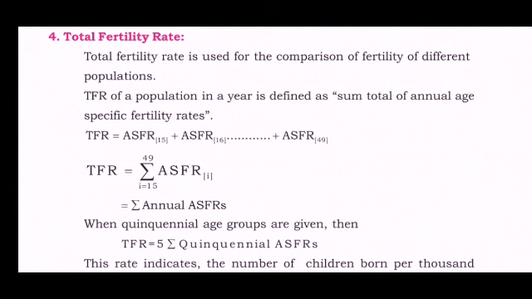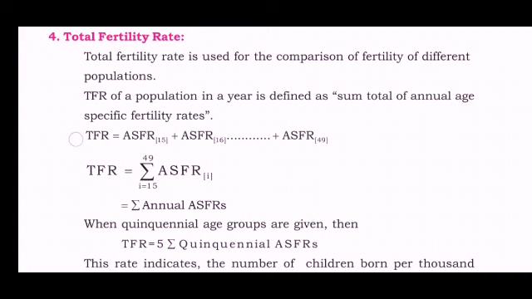Dear students, in previous classes we discussed crude birth rate, which is raw, considering both men and women population without any age. Also we discussed in the CDR that males do not give birth to children, yet they are still considered in the calculation of crude birth rate.